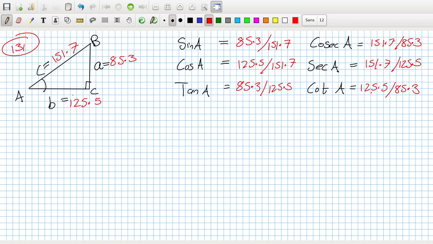In 131, it is converted to 4 decimal places. And then I can see in the next ones, 133 and 135, they're natural numbers, which maybe is because they're a Pythagorean triple. So I'll just make a note to query the answer to 131. Okay, that's 131.